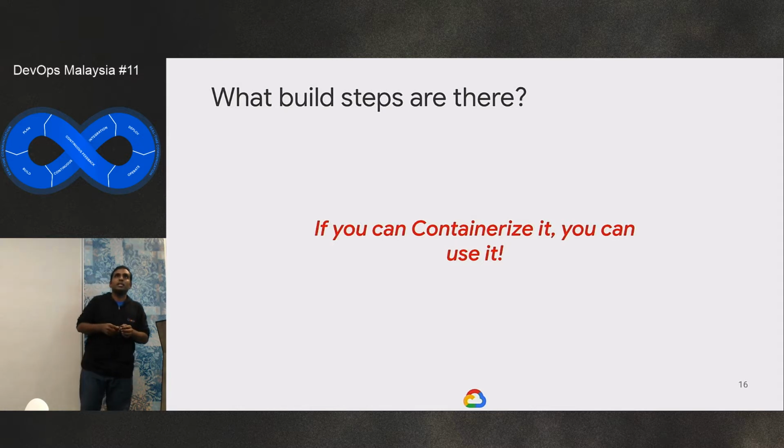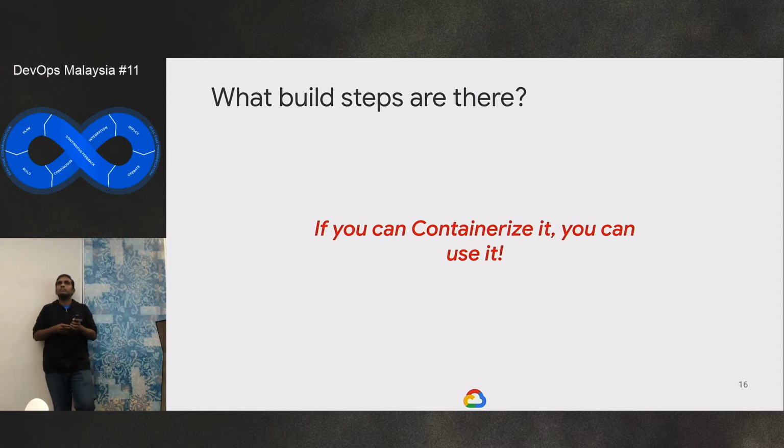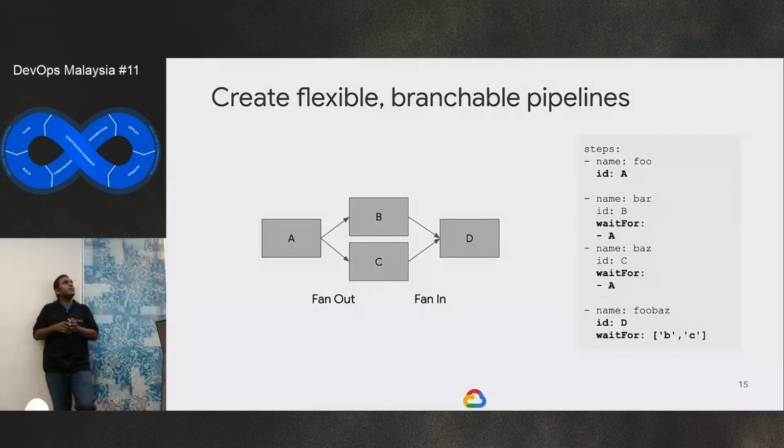Like the previous diagram: A goes to B and C, and then B and C go to C. Except you parallelize B and C. Does it automatically do that, or can you specify?